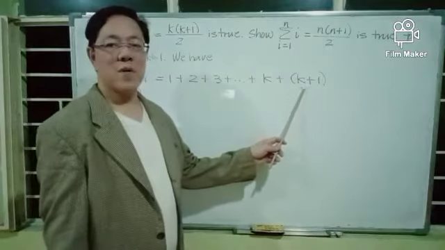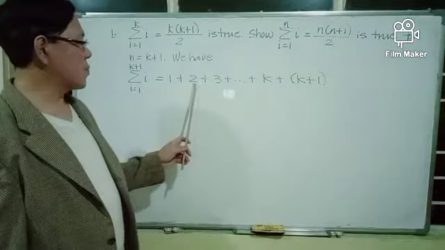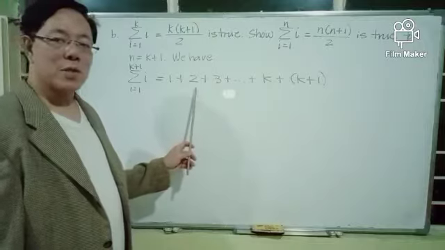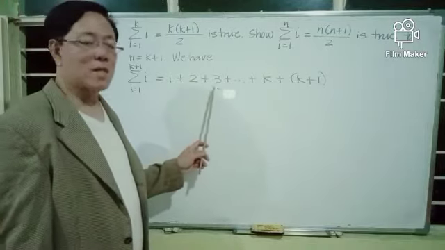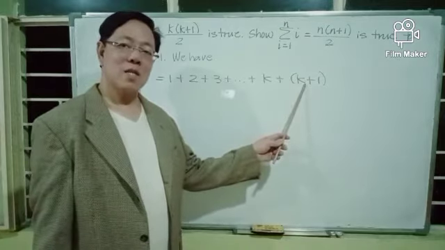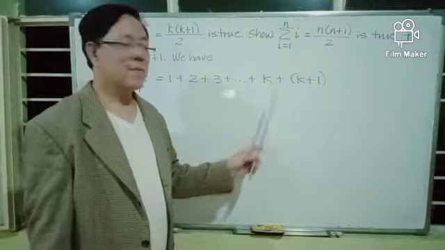The integer before k plus 1 is k. You notice that the integer preceding 3 is 2, and 2 is always 1 less than 3. So the integer preceding k plus 1 is an integer that is 1 less than k plus 1, and that is k.